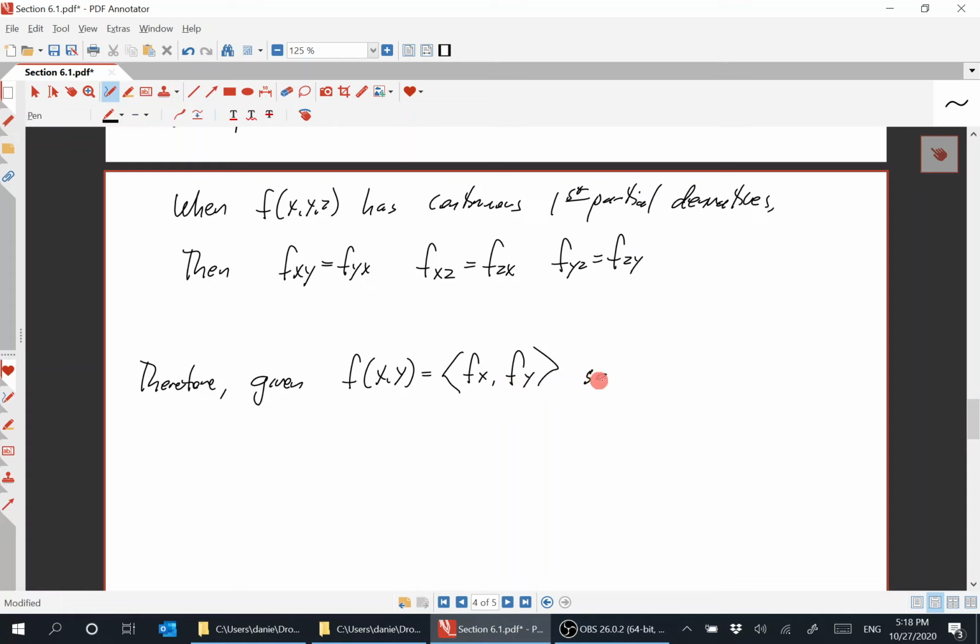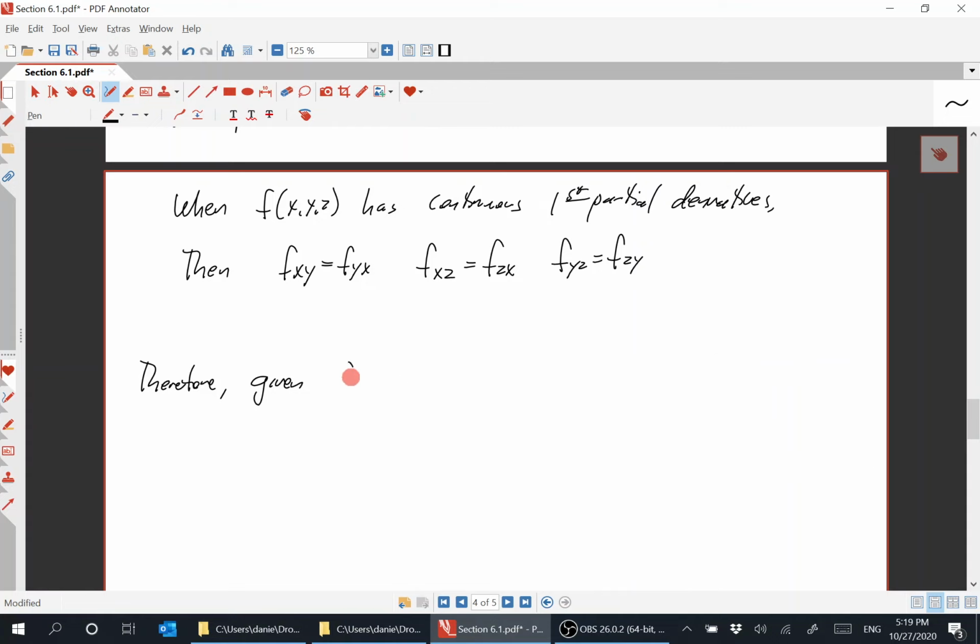So if we let P equal fx and Q equal fy, then the derivative of P with respect to y, which is fxy, is equal to fyx, which is equal to the derivative of Q with respect to x. So, oops, this is gradient. I wrote that all wrong, didn't I? Let's redo that.